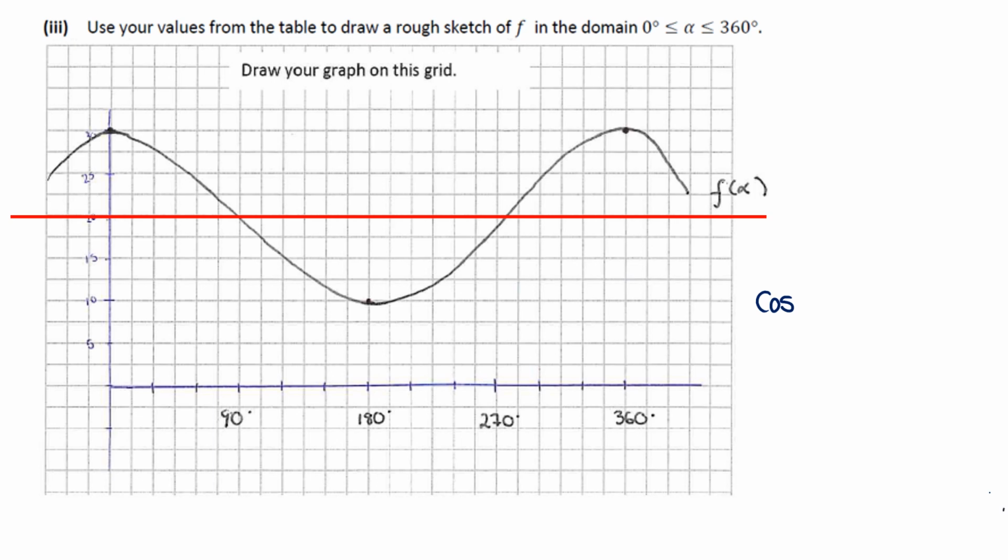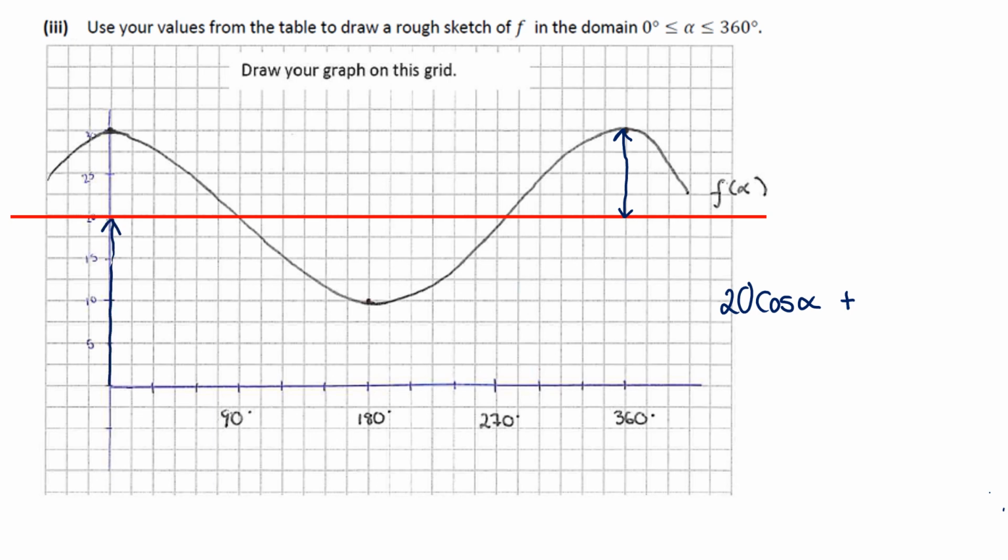So it's just cos of alpha, but it does go up and down, which means we're going to have to take into account the amplitude, which is this height here, and that is the number in front of cos, and then we have to add to it how far up the midline has moved.